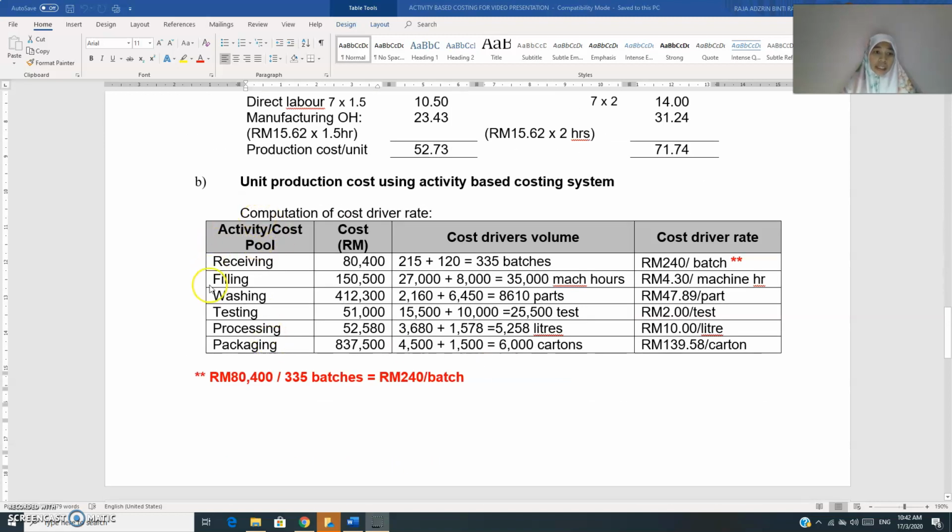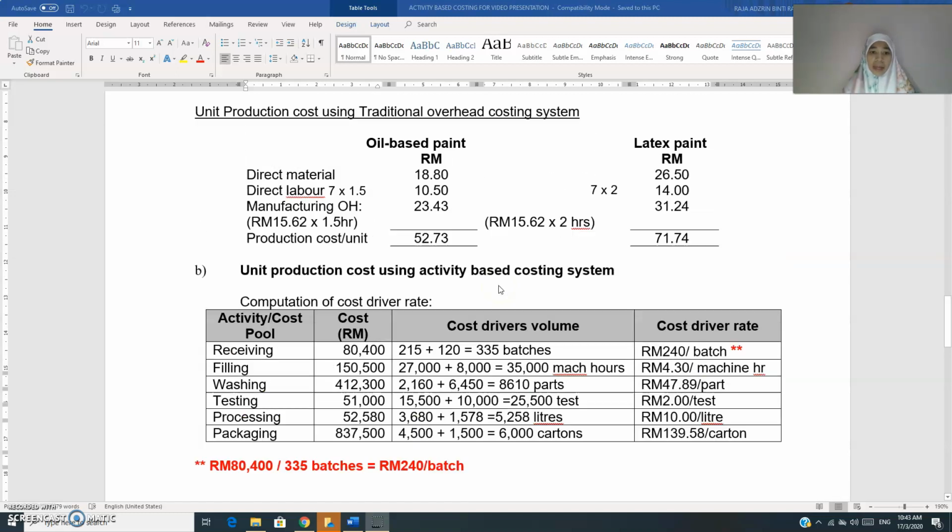First, this is your activity cost pool from the question, as well as the cost for each of the activities, again from the question. You need to determine the total cost driver volume. Where do I get 335 batches? Look back at the question.